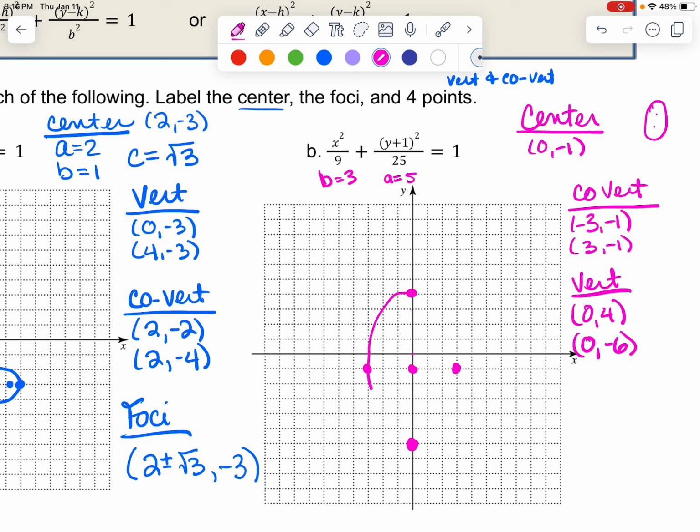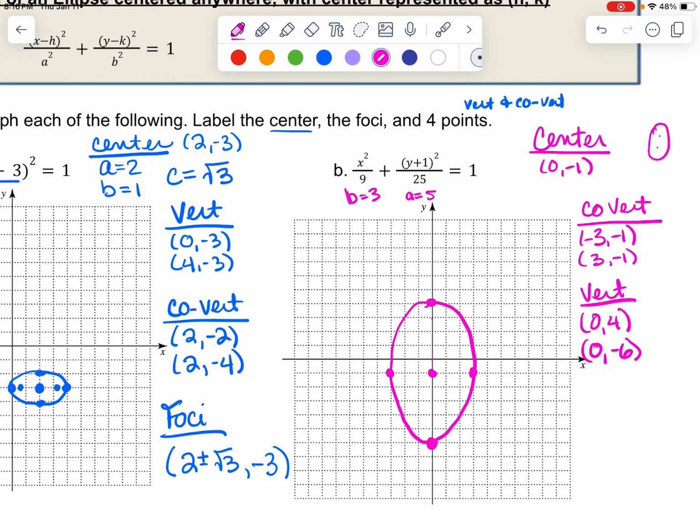You can draw the ellipse before you have your foci, if you want to. This one I can't cheat. I actually have to find my foci, my focal length. So I know that c squared equals 25 minus 9. Another handy thing to remember for c squared: you always want it to be positive. So c squared is always going to be a positive number, so you're always doing the big one minus the little one.